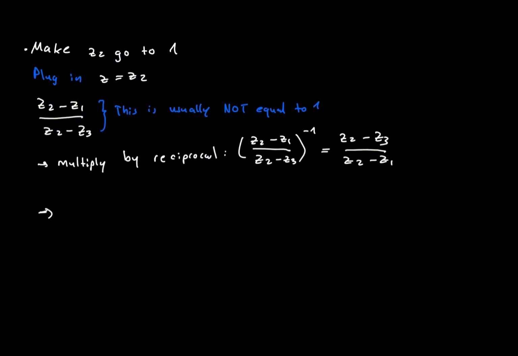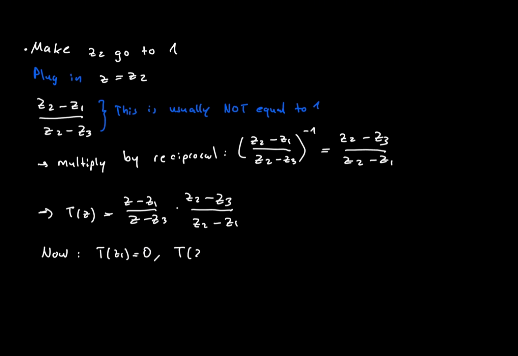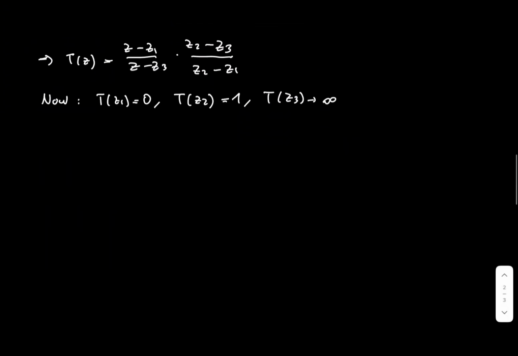That gives us the normalized expression: (z minus z1) divided by (z minus z3) times (z2 minus z3) divided by (z2 minus z1). Now, z1 goes to 0, z2 goes to 1, and z3 goes to infinity.